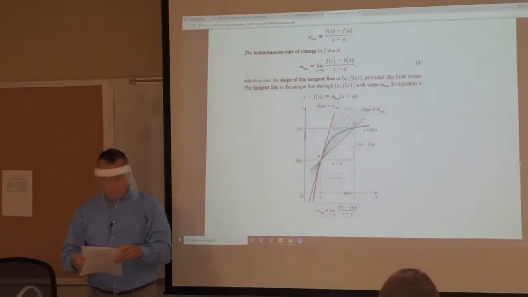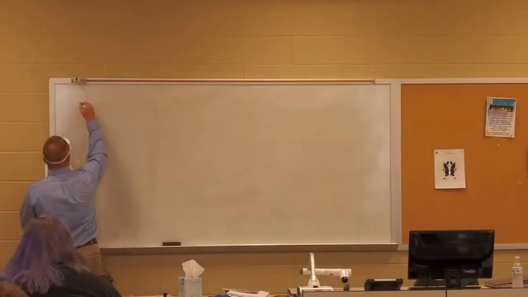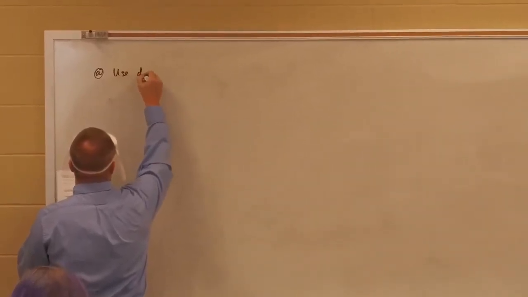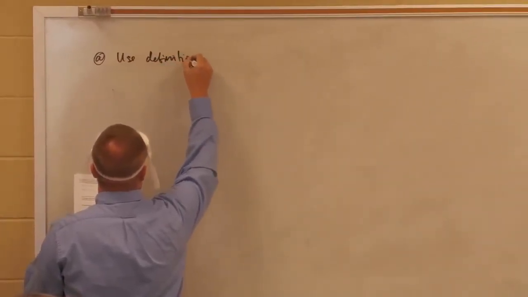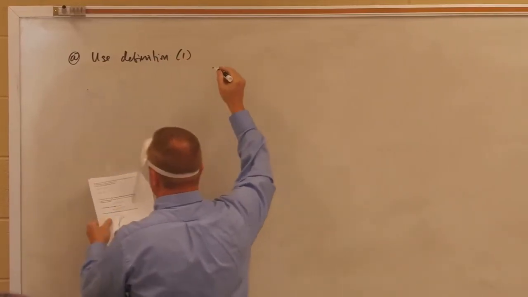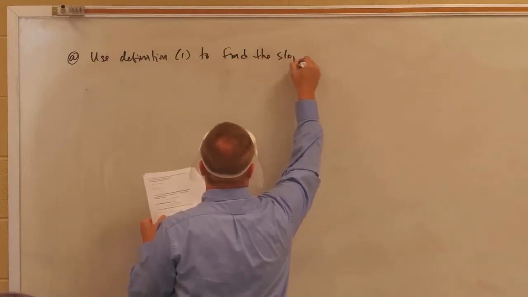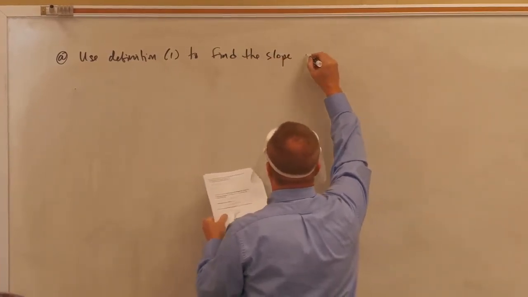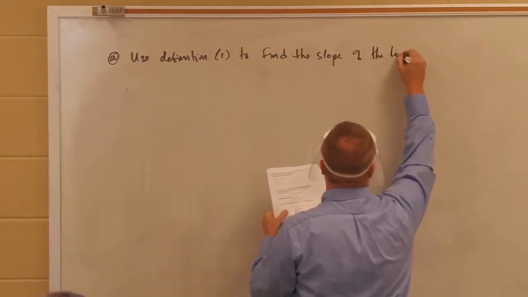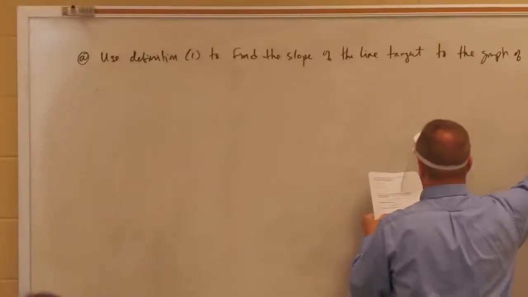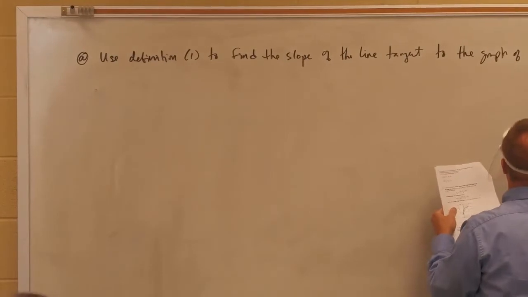All right, so let's look at a couple of problems here. Directions say, use definition 1 to find the slope of the line tangent to the graph of f at P. Okay?